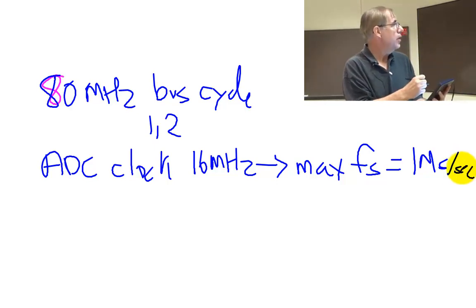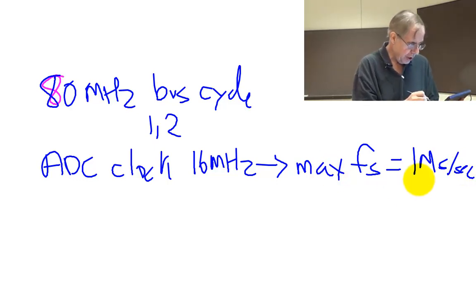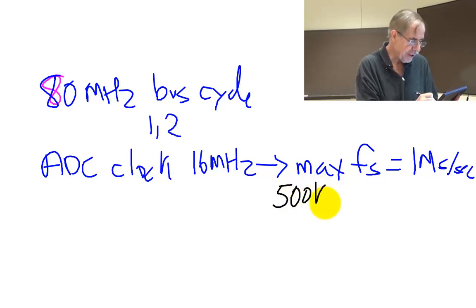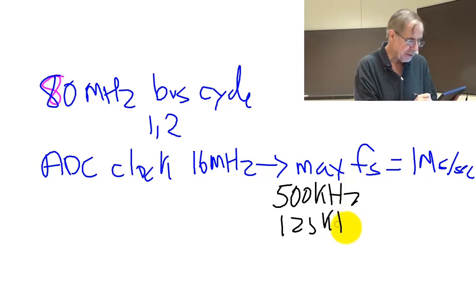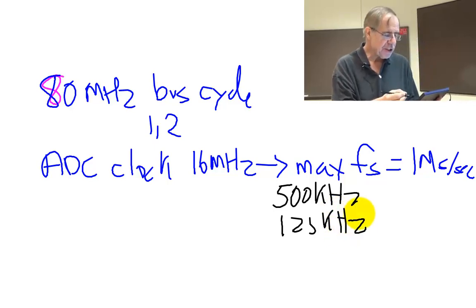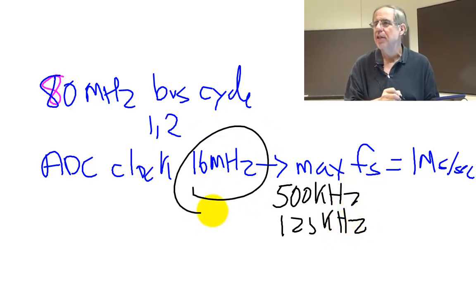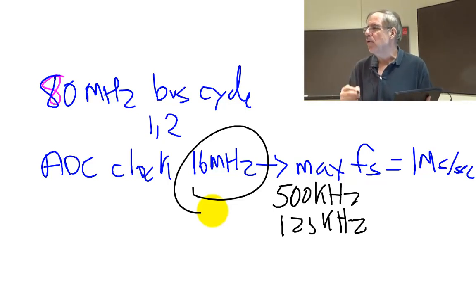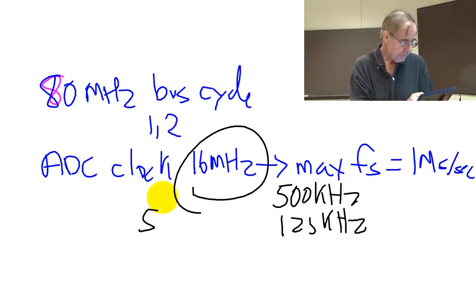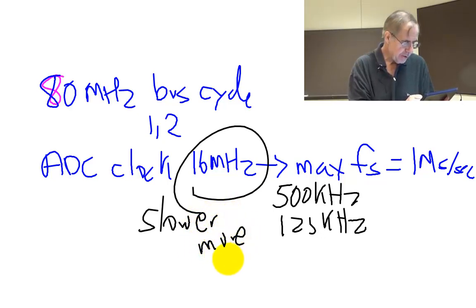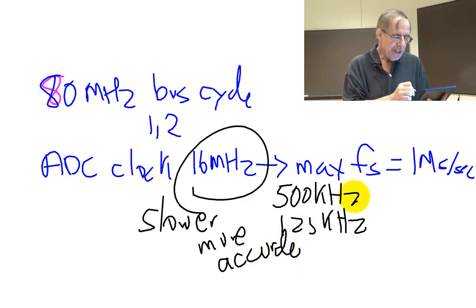Or we could make it a little bit slower, so this maximum sampling rate is 500 kilohertz per second, or 125 kilohertz per second. Basically, the slower I run this clock, the more accurate it is. Okay? And the data that I get will be more reliable.